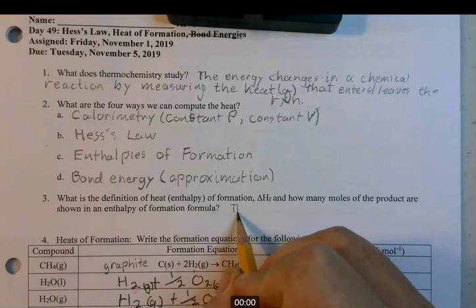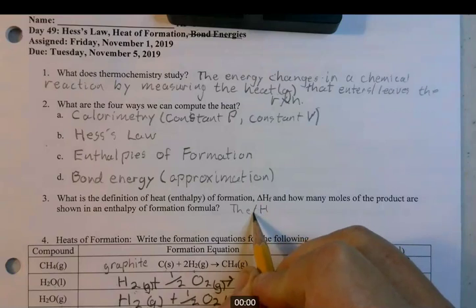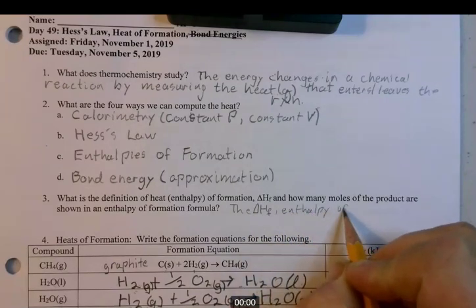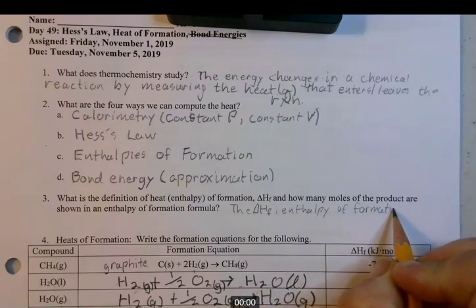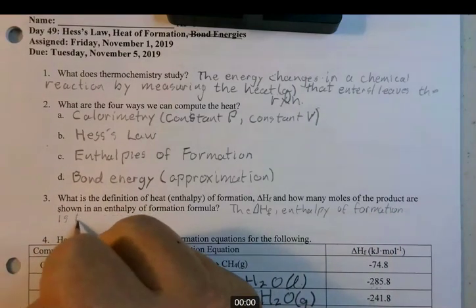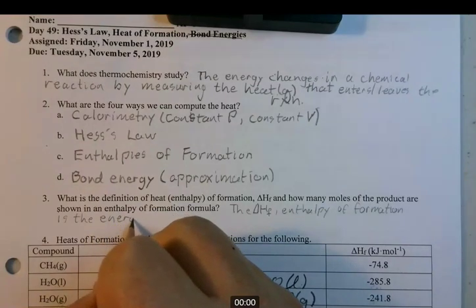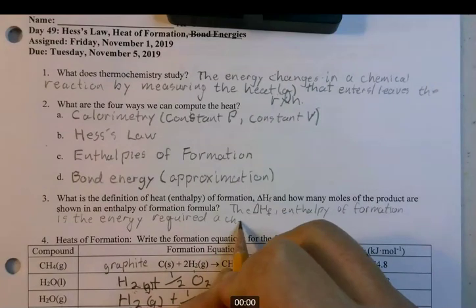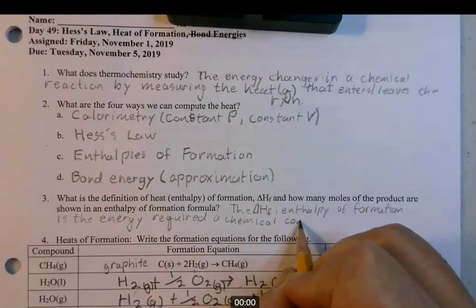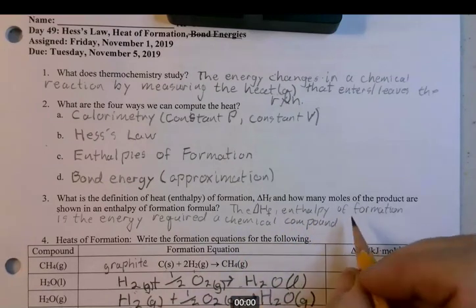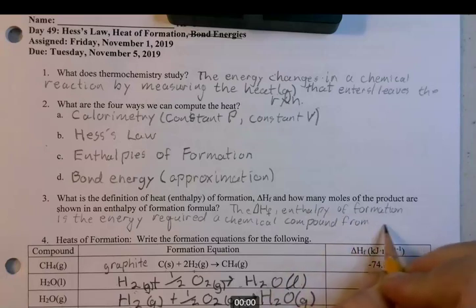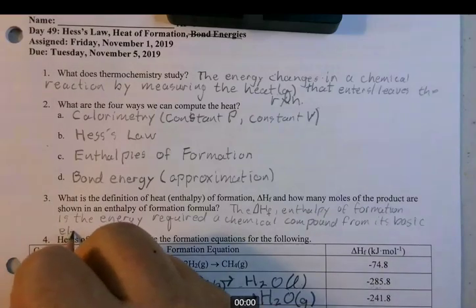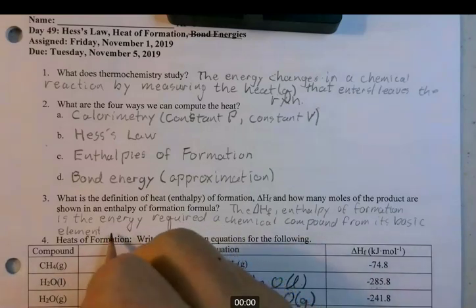So the enthalpy of formation, delta H F, is simply the energy required to form a chemical compound from its basic elements in their most stable form.